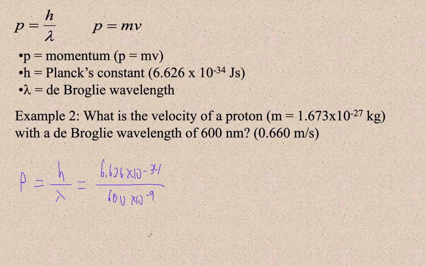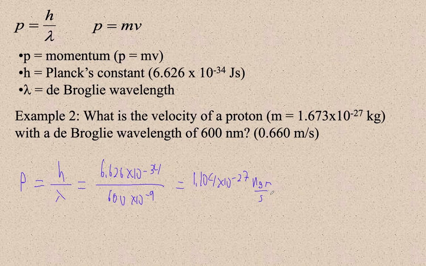All right, we can do this. 6.626 e minus 34 divided by 600 e minus 9. And that is the momentum: 1.104 times 10 to the minus 27th, and that's kilogram meters per second, because it's momentum, right?